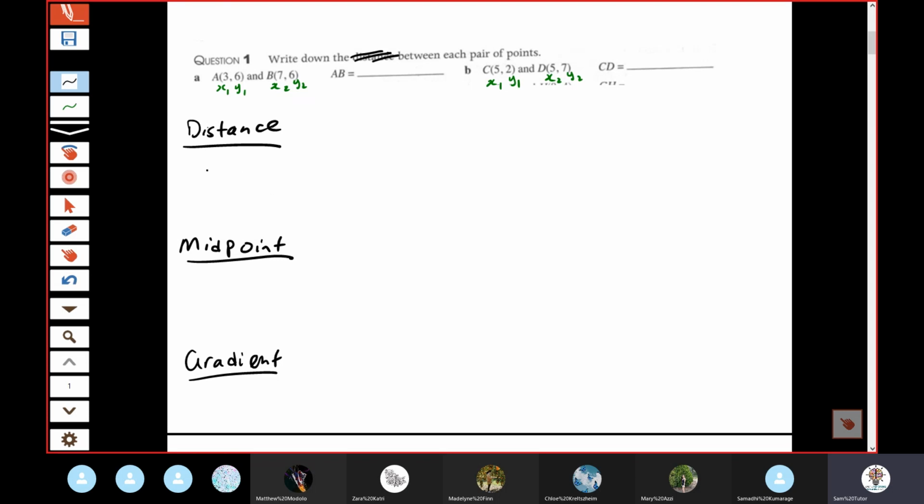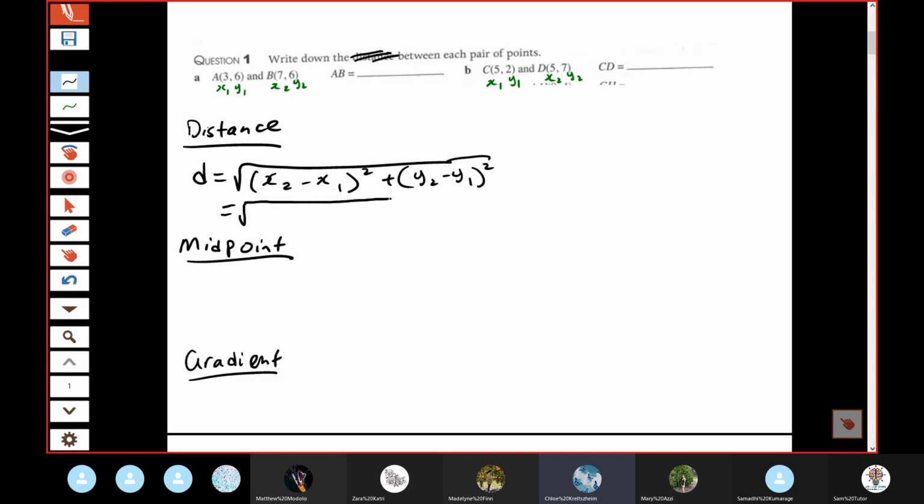So distance, anyone feel confident enough with the distance formula? I'll write it, but just tell me what numbers to plug in. We're going to just do A first. For the first bracket, yep.